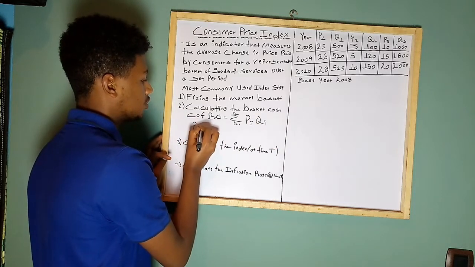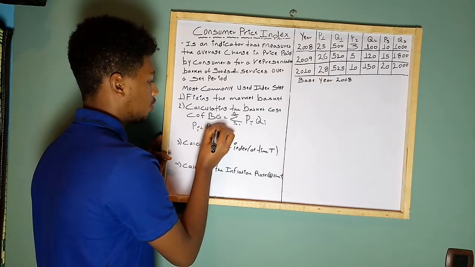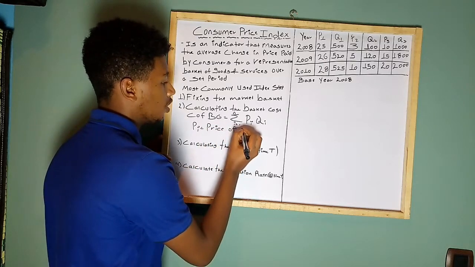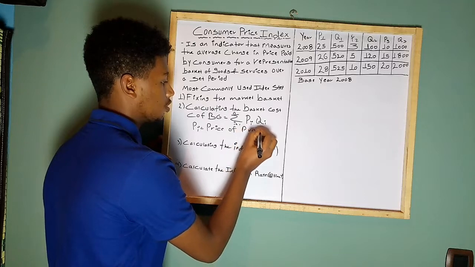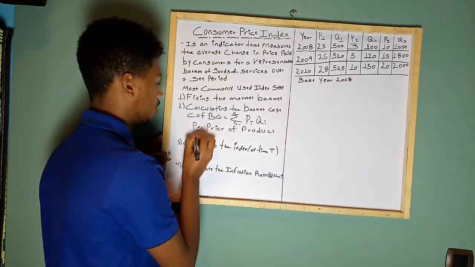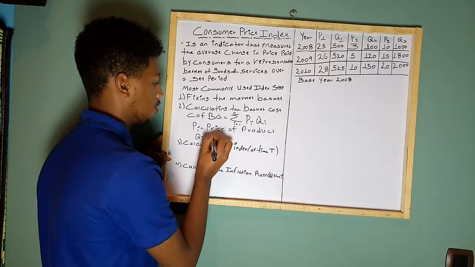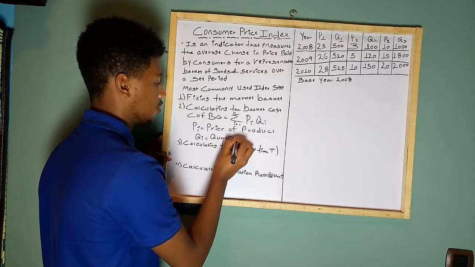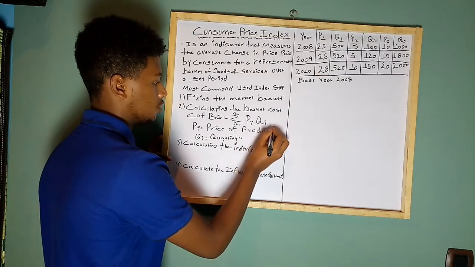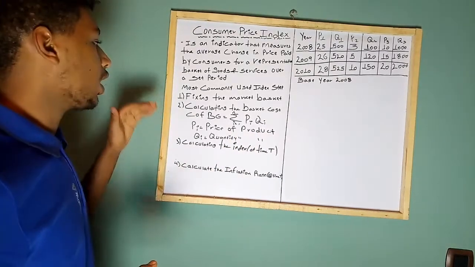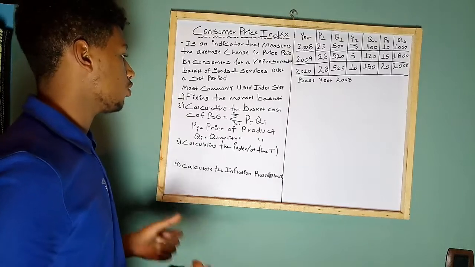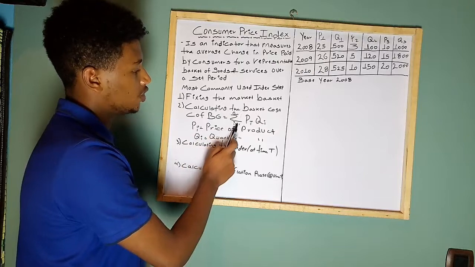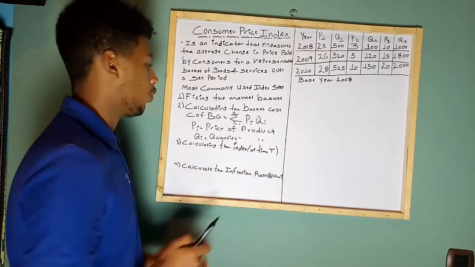Pi represents the price of the product, and qi represents the quantity of the product. So we can calculate the basket cost, or cost of basket goods, using this formula. Cost of basket goods is the summation of pi multiplied by qi.